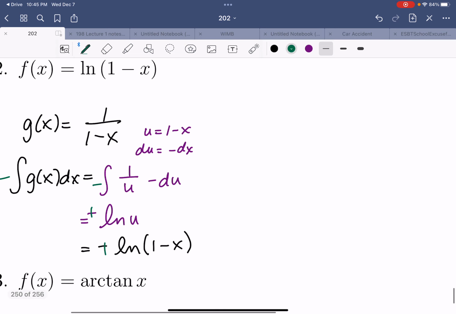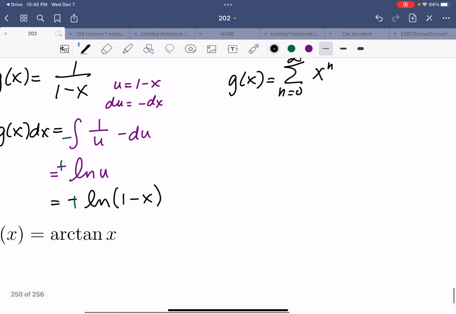Okay, so then if we think about starting with the series for g of x, the series is n equals 0 to infinity of x to the n. And by the way, there's always a plus C here.